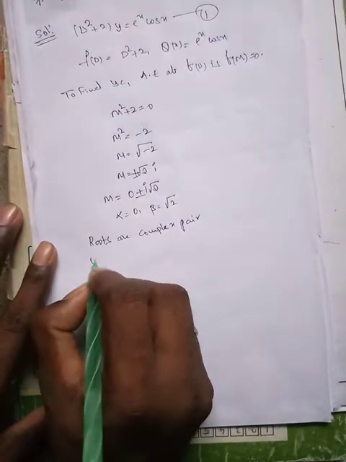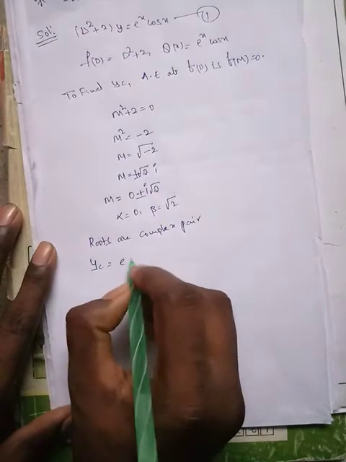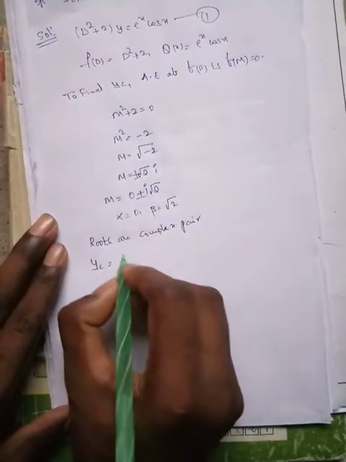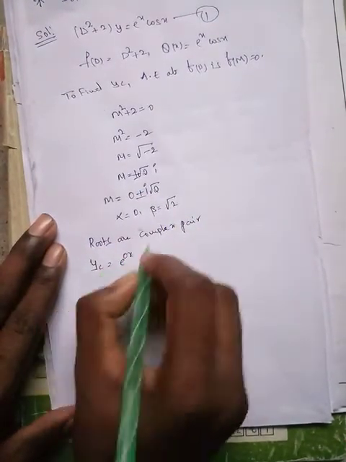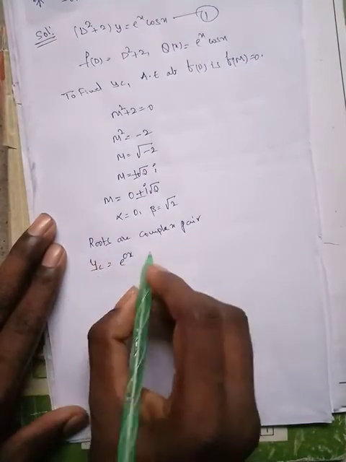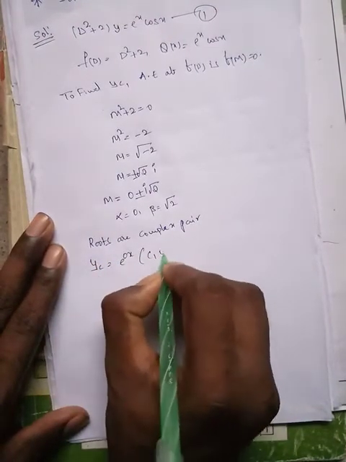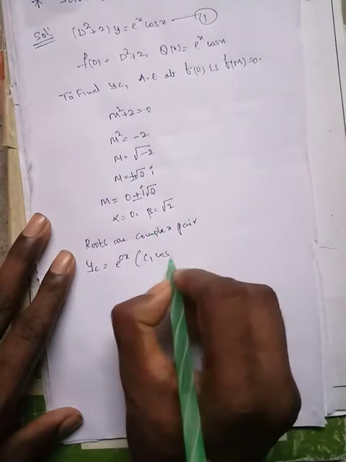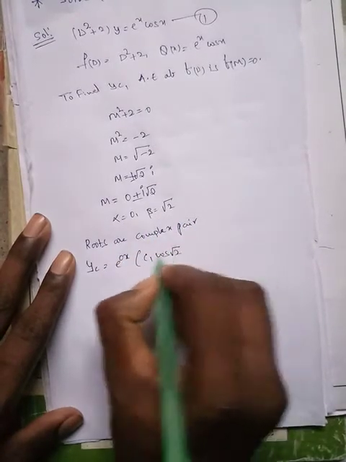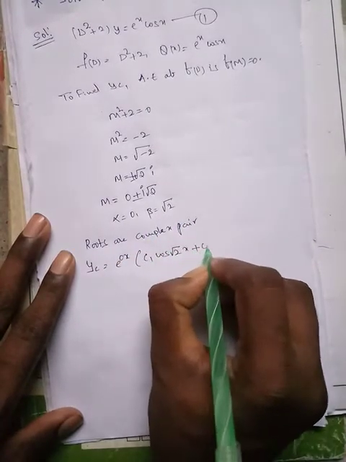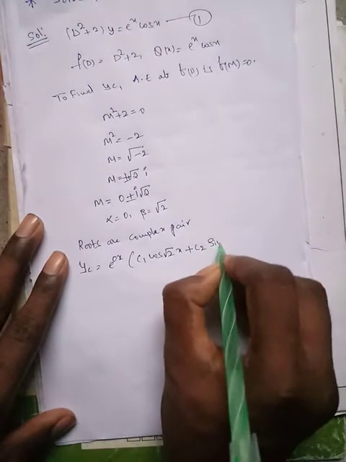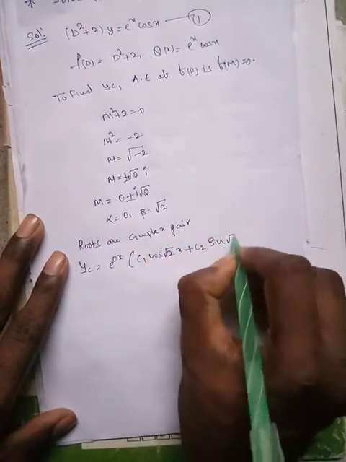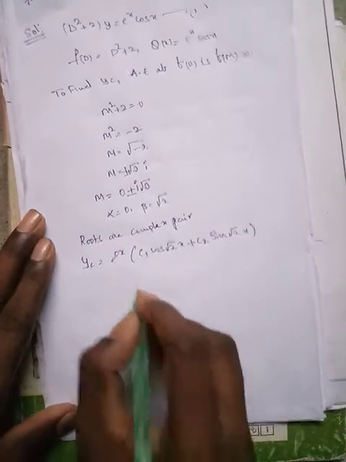Then our yc becomes e power alpha x, alpha x means 0x, here alpha equals 0, right, into c1 cos beta x, beta means root 2 x, plus c2 sin beta x, beta equals root 2 x, right?